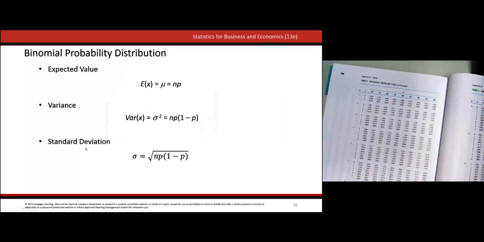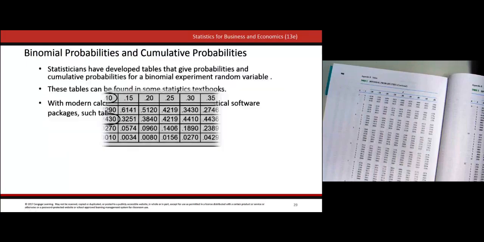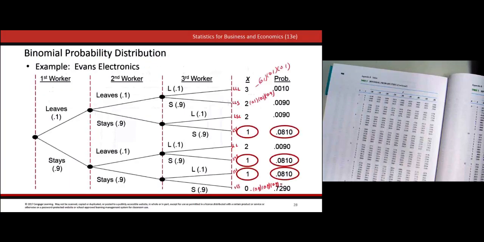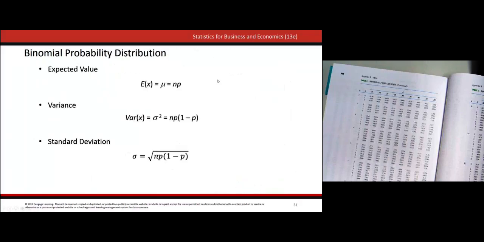And the expected value of a binomial distribution is, so remember the expected value is the sum of x times f of x, such as in our case x can be 0, 1, 2, 3.